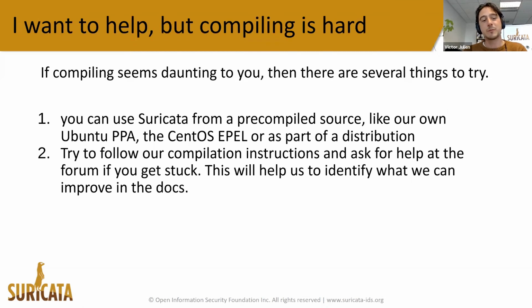So some people say, well, I want to use it, but it's so hard to install Suricata. I don't know how to compile it. The list of instructions is too large, things like that. Well, no problem. Again, you can use Suricata from the Ubuntu PPA, which always contains the latest release, or you can use the versions that are in Fedora or CentOS, or just as part of your distribution.